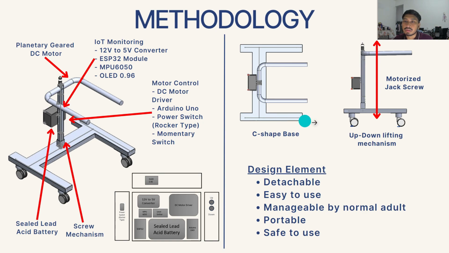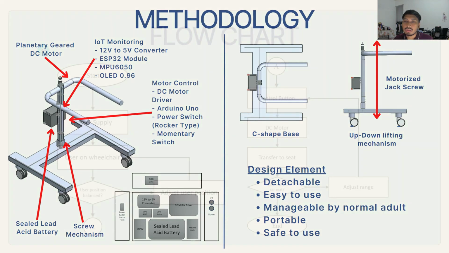Then I installed an up-down lifting mechanism, which is a motorized jack screw, to ease the caregiver in lifting the patient without using their own energy. I also need to make sure that both caregiver and patient are not at risk of falling and also of long-term injury.